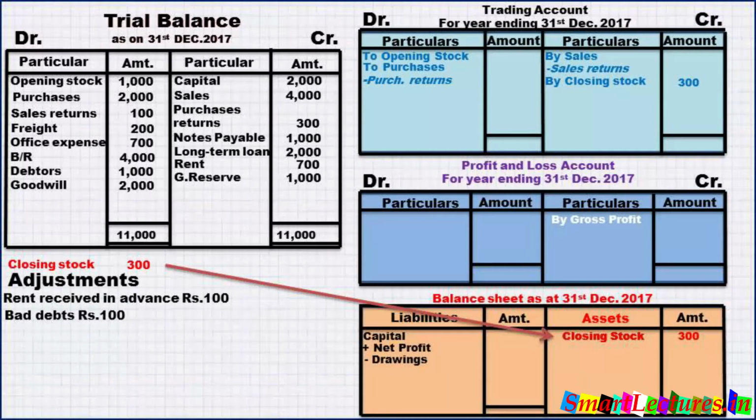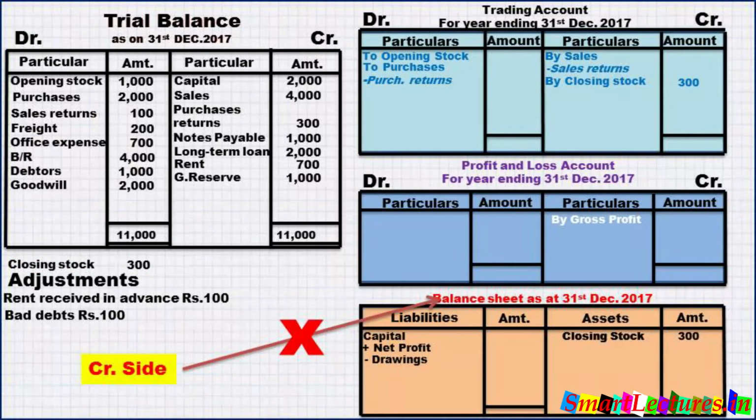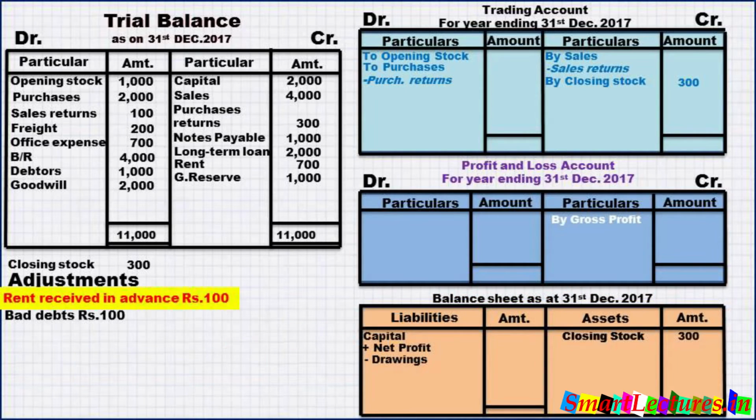You know, balance sheet doesn't have any debit or credit side. It always carries debit balances and credit balances. All assets are on the side of debit balances, and on the liability side, there are all credit balances. So closing stock finished.